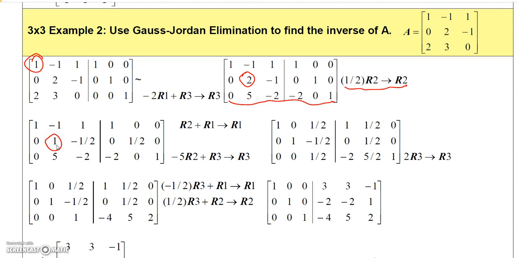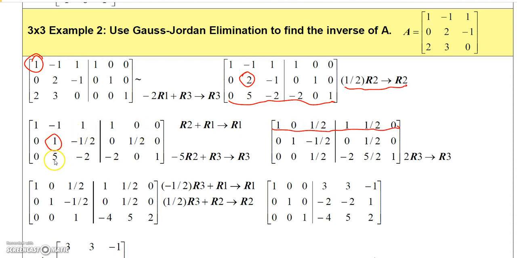And then once I get the 1, I want to eliminate the -1 that's above it. So I can do that by just adding row 2 to row 1. So if you add 0 to 1, 1 to -1, -1/2 to 1, 0 to 1, 1/2 to 0, and 0 to 0, it should give you this as your new row.